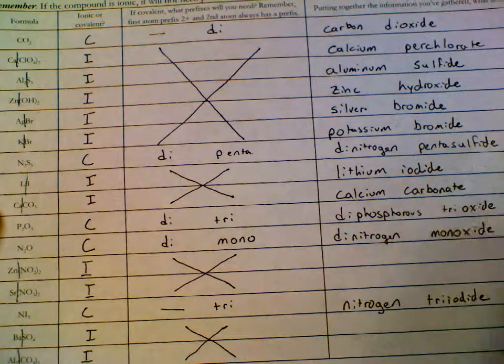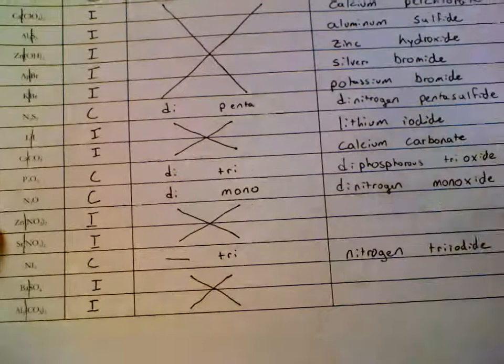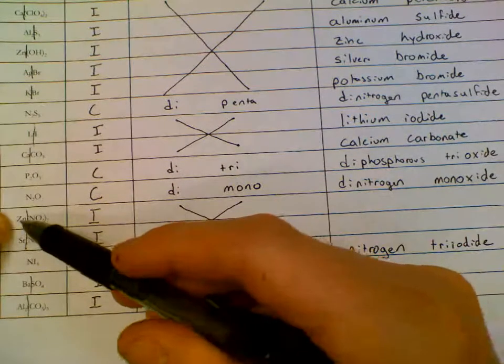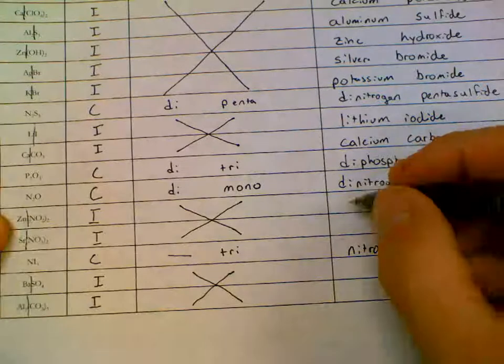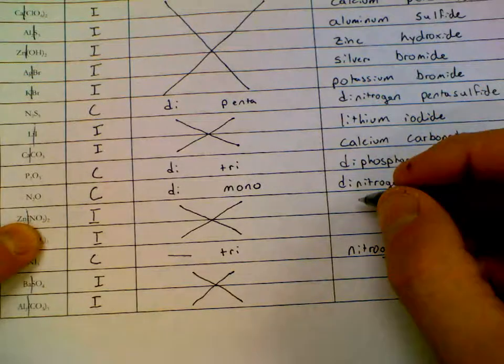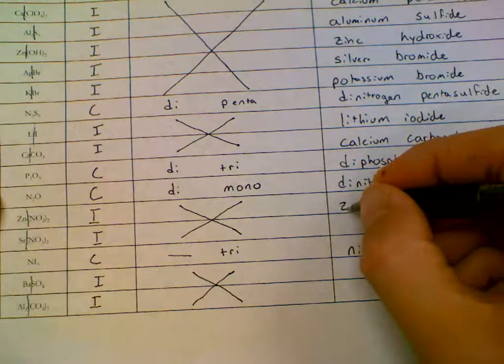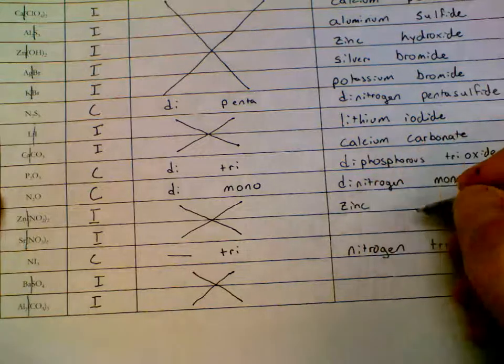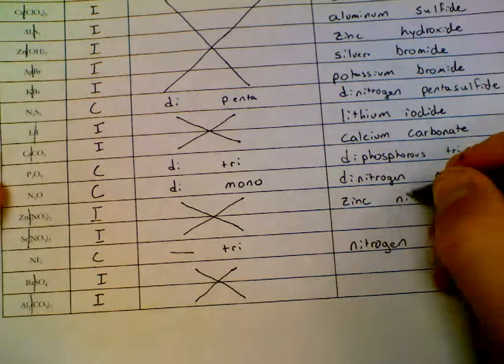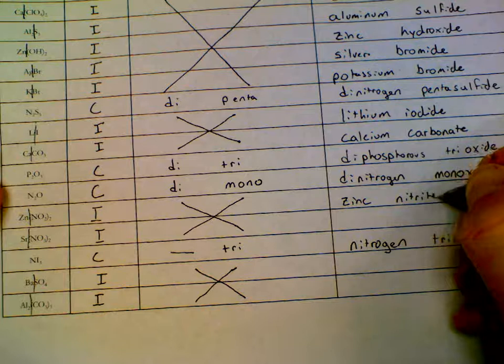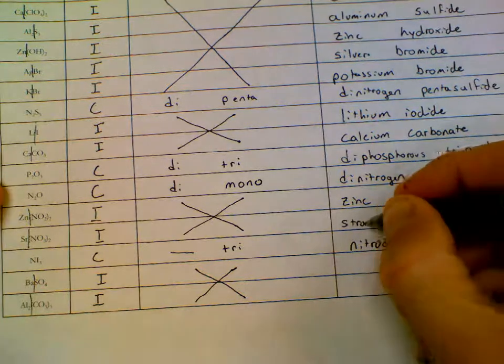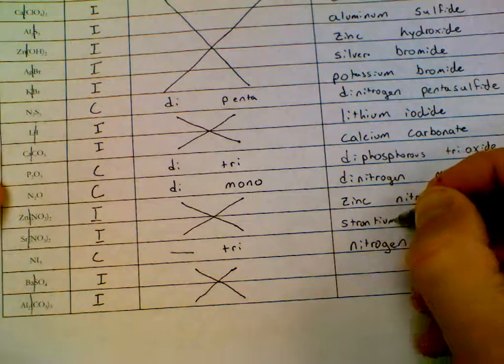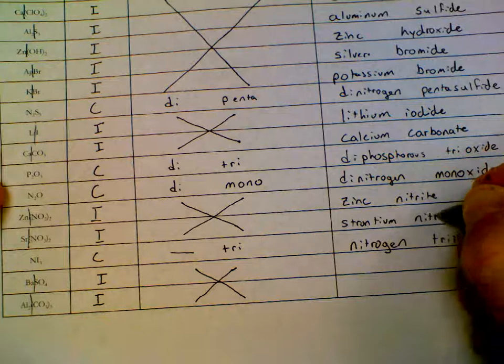Again, I have these ions memorized. You can look at them on the back of your periodic table. The left-hand particle will be on the left-hand side of your resource. The right-hand particle will be on the right-hand side. So we have zinc, then we have nitrite, followed by strontium nitrate.